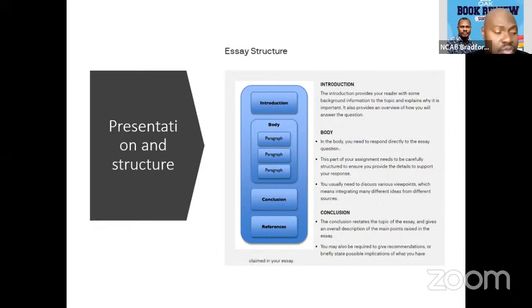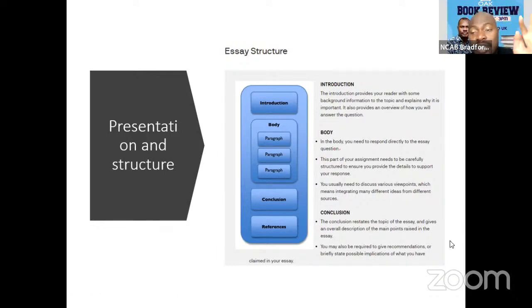For example, if I ask you to write about COVID-19, in your introduction, you can tell me, this assessment will focus on the impact of COVID-19 on the United Kingdom economy, for example. And to do that, I am going to be discussing the genesis of COVID-19, the role of COVID-19, and the aspects of the economy that have been affected by COVID-19.